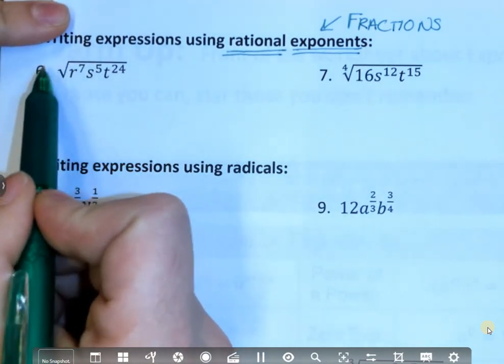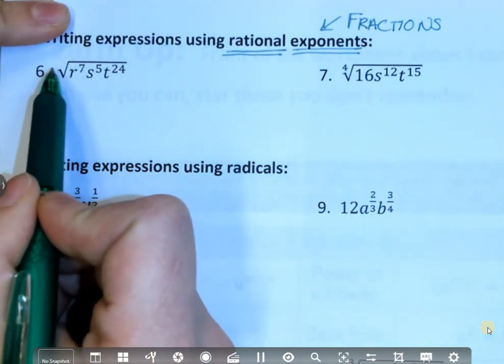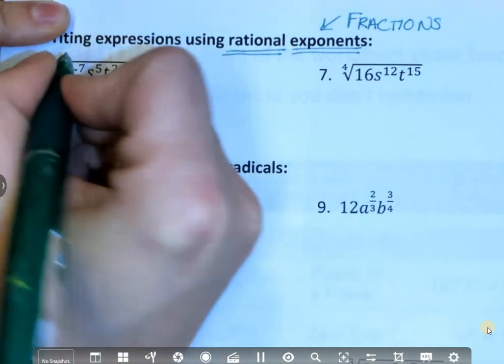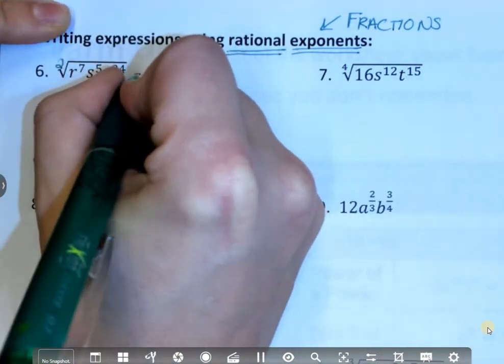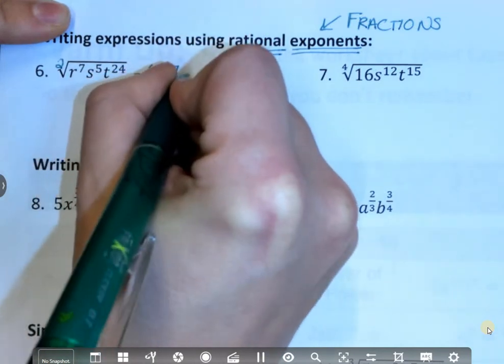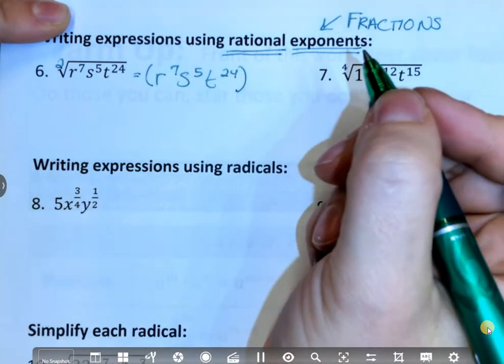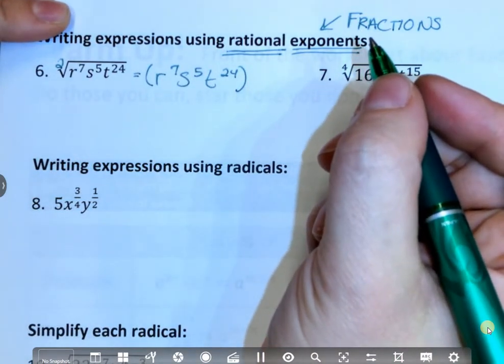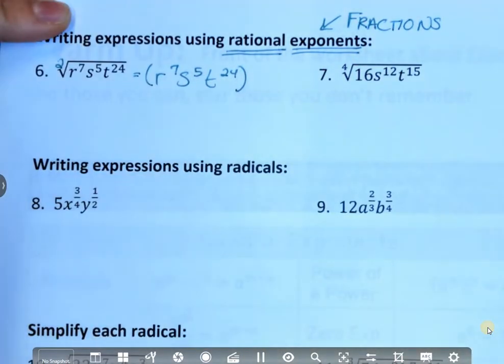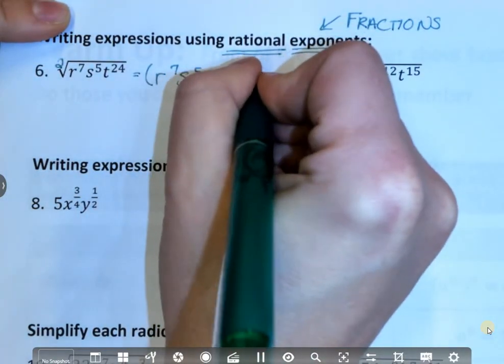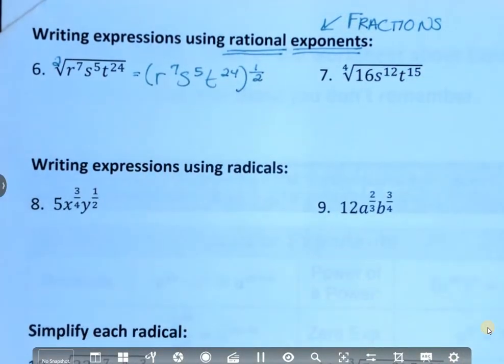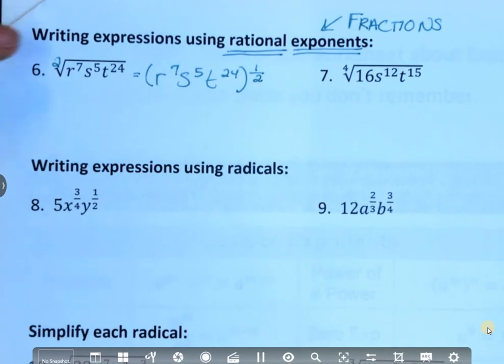So what root is this? That's the square root. And if you want, you can think about that as what power? 1/2. Remember, negatives move position, fractions become radicals.